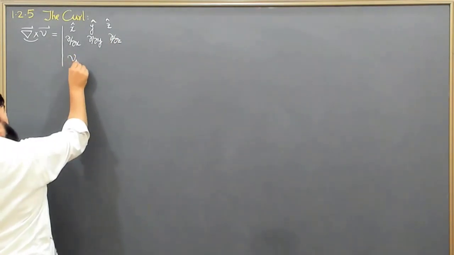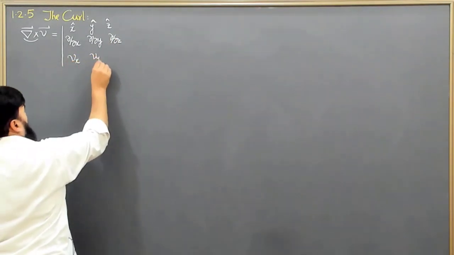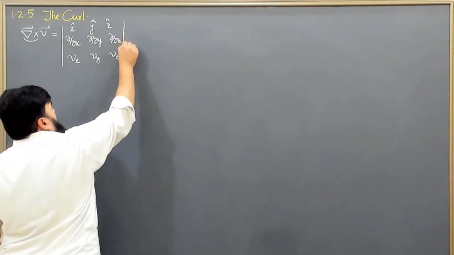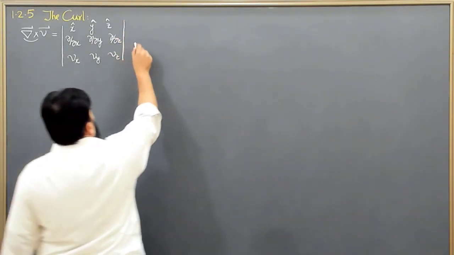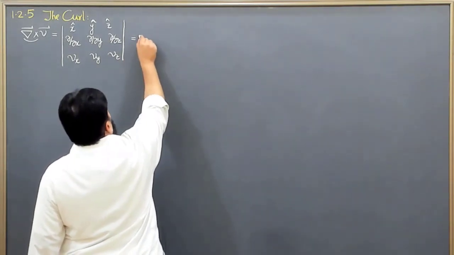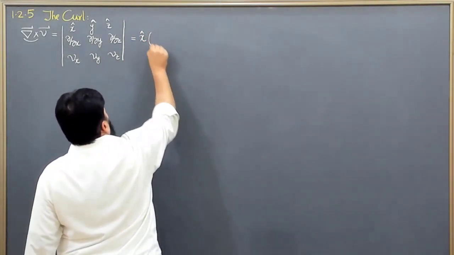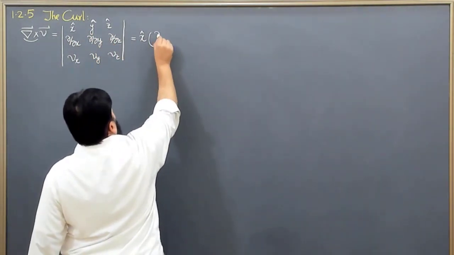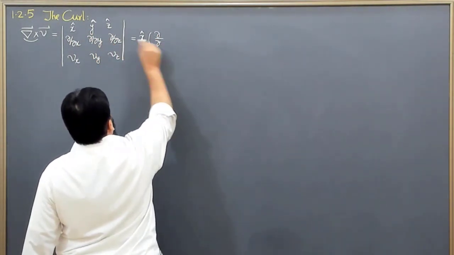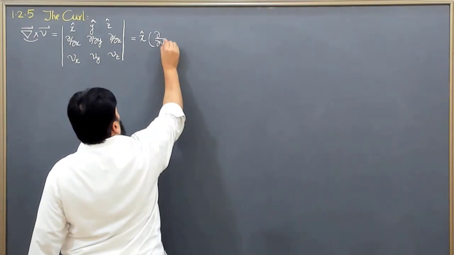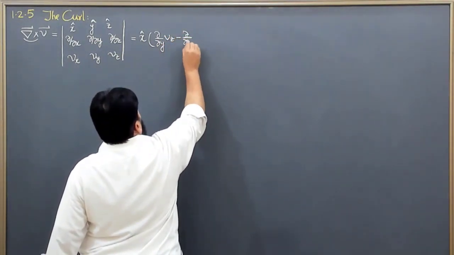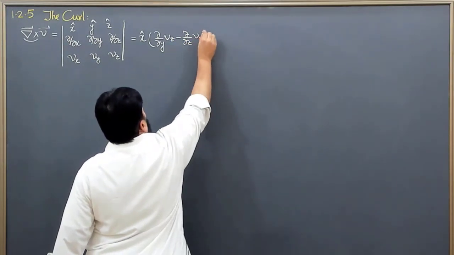Similarly, the components of this vector vx, vy and vz. If we expand this, then for the x component we are having ∂/∂y of vz minus ∂/∂z of vy.